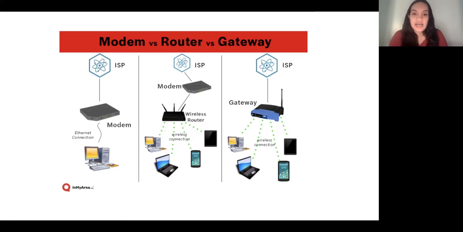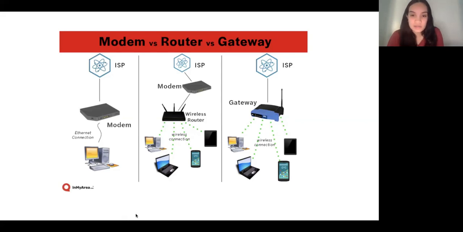In the second slide, a person has a modem and a router, so they're able to connect all their devices. So I'm assuming that everyone here that does have Wi-Fi is probably in the two pictures on the right. You either have a modem and a router, or you just have a gateway. Any questions on that from people?